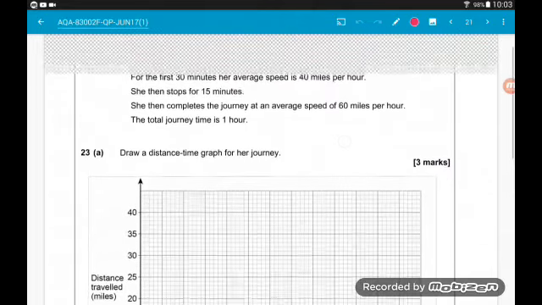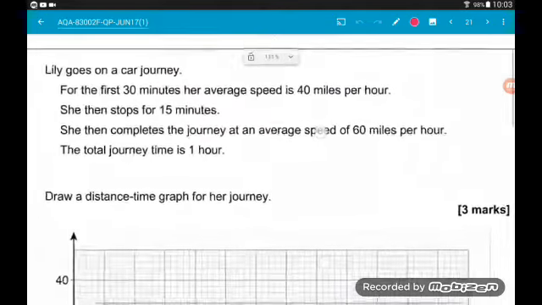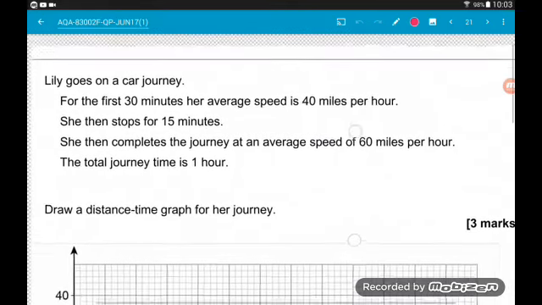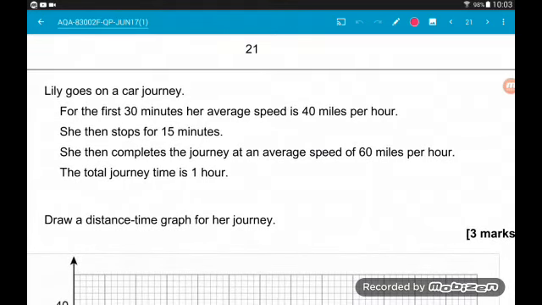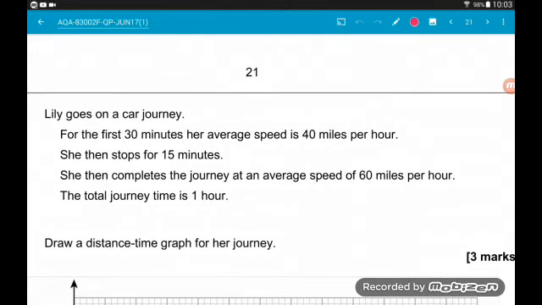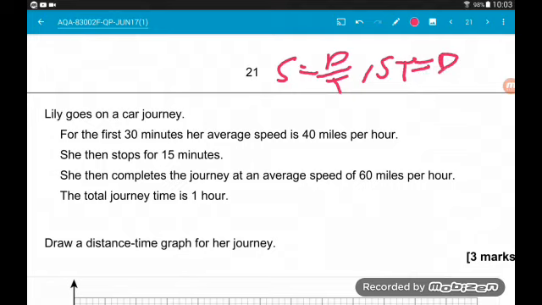So the first part tells us that for the first 30 minutes she travels at 40 miles per hour. So we need to work out what her distance is in that first part of her journey. So speed is distance over time. We can multiply by time to get speed times time is distance.